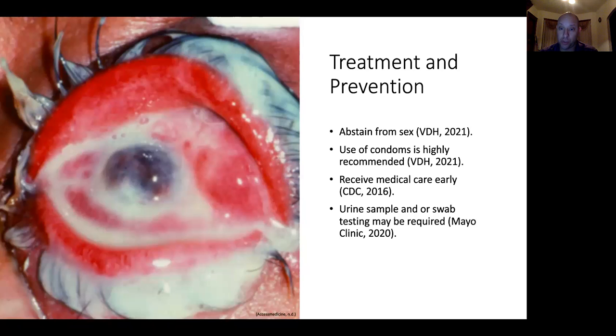And receiving medical care early is imperative. We will discuss a little bit about the different testing methods that you could use to diagnose this disease. So again, the only way to not get the disease is to abstain.